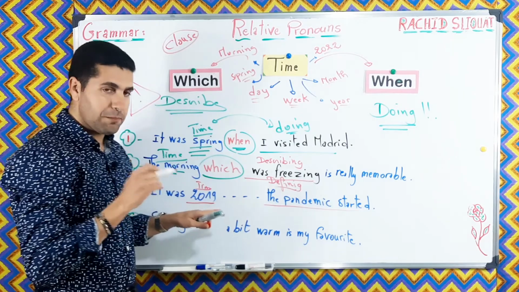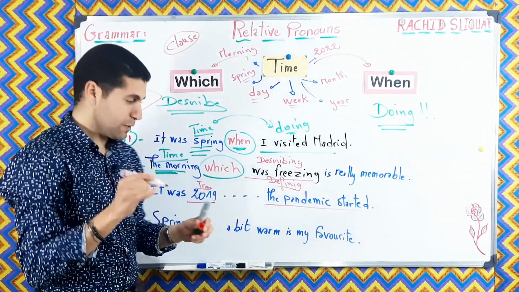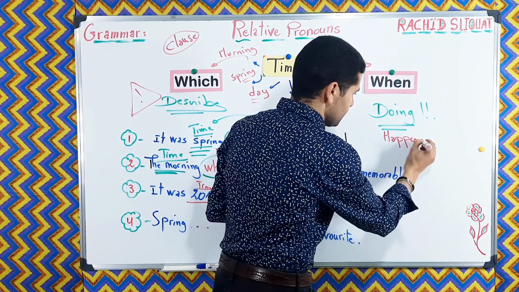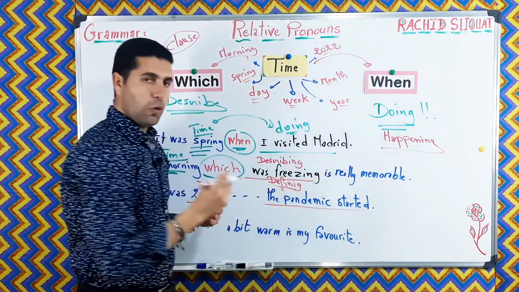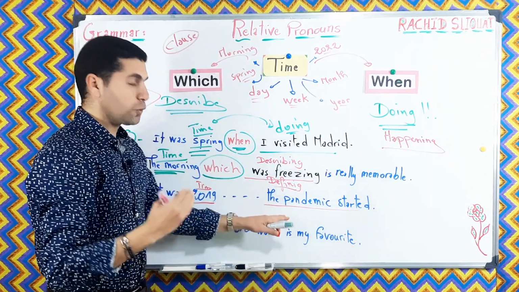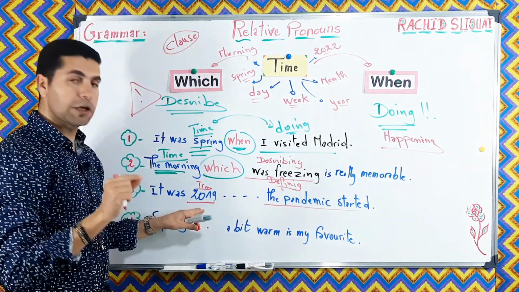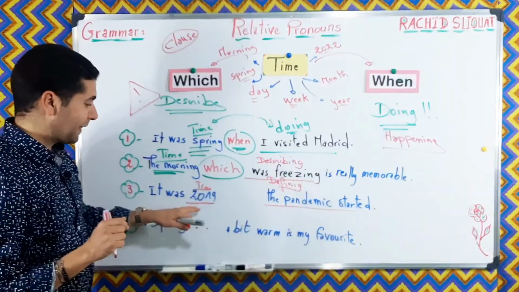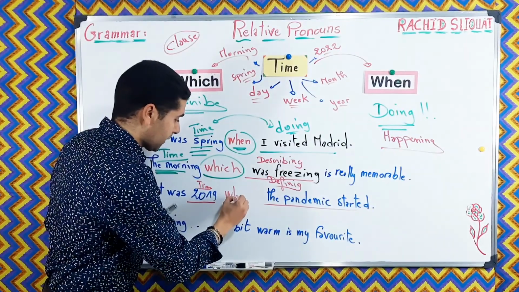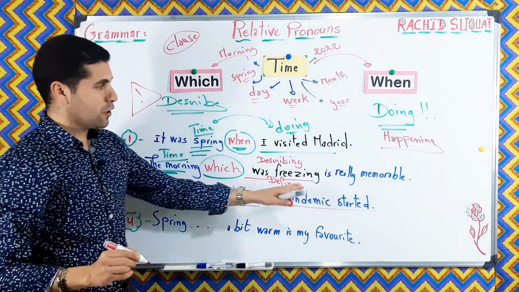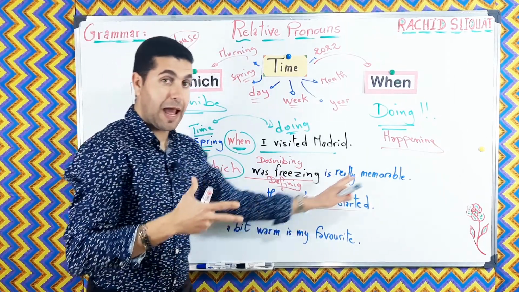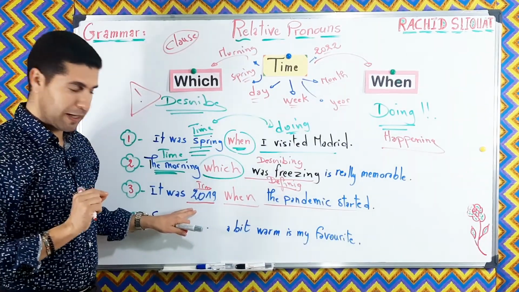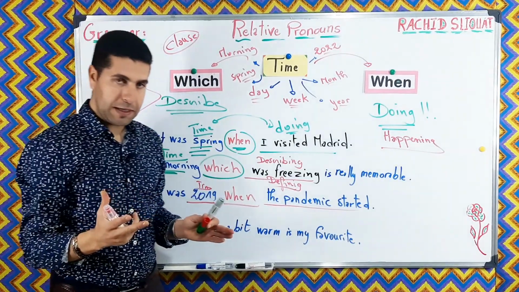No, we are talking about something that happened, that started or took place in that particular time. So here we can use when, and we say it was in 2019 when the pandemic started. The pandemic is something that took place in that particular moment of time.